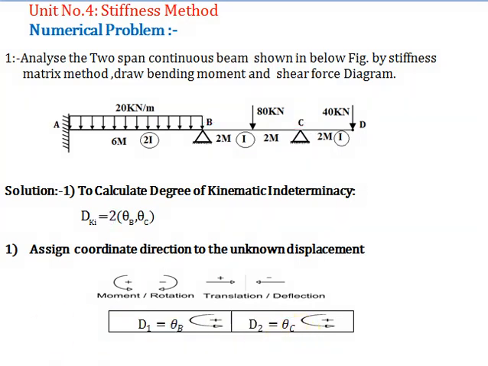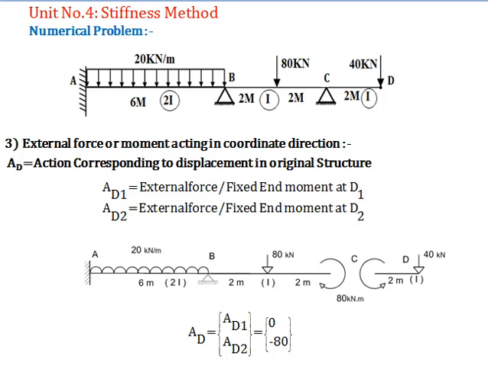So after calculating the degree of indeterminacy, the next step is to calculate the AD matrix, that is action corresponding to displacement in the original structure. Our first unknown is theta b. At support B, is there any external force, external load, or fixed end moment acting?